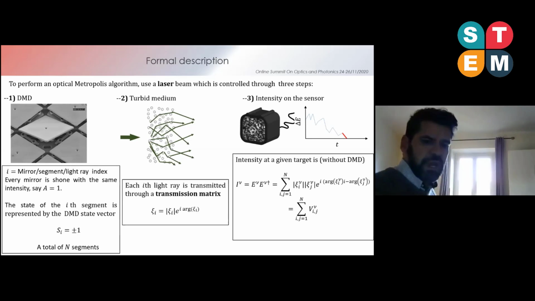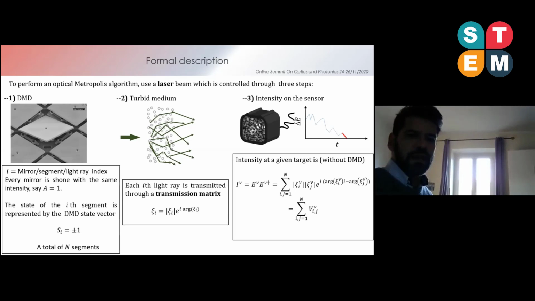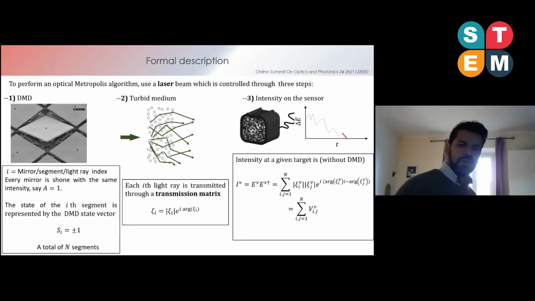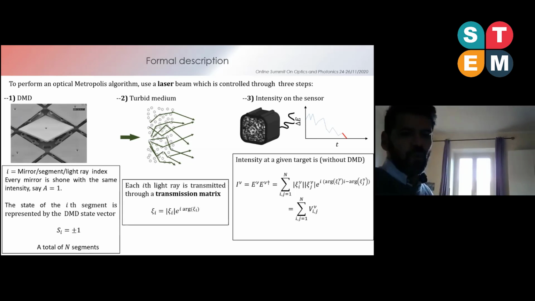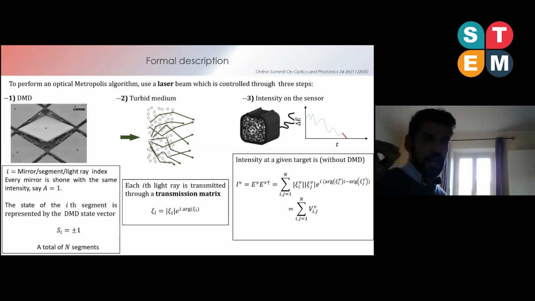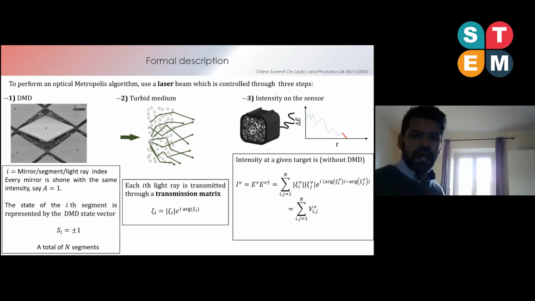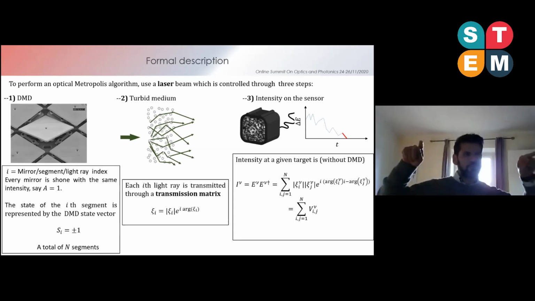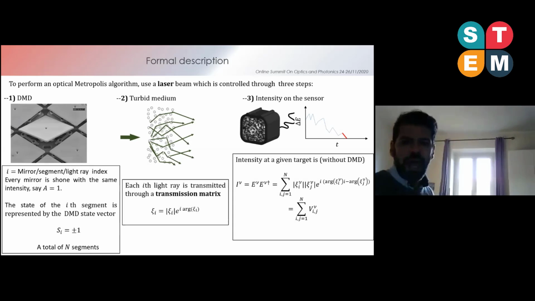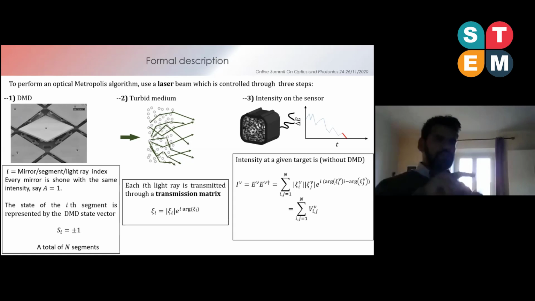Then each light ray passes through the turbid medium. So there is a transmission matrix, and what the transmission matrix does is attenuate and dephase each light ray. Then you retrieve the intensity on the camera, and the intensity on the camera is just the multiplication of all the contributions from different light rays. So you have to sum all the possible combinations.